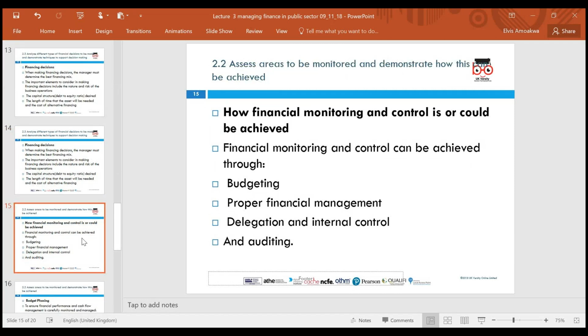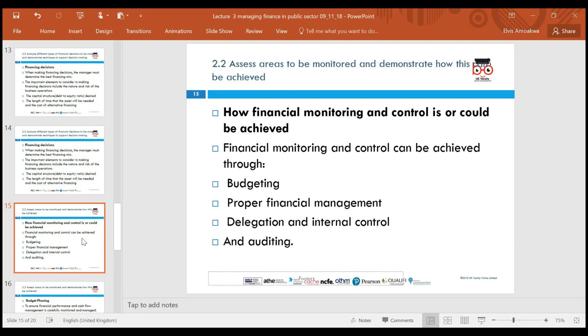Now, the next slide is looking at learning outcome 2.2, assess areas to be monitored and demonstrate how this can be achieved. How financial monitoring is or could be achieved. That is what we're looking at.